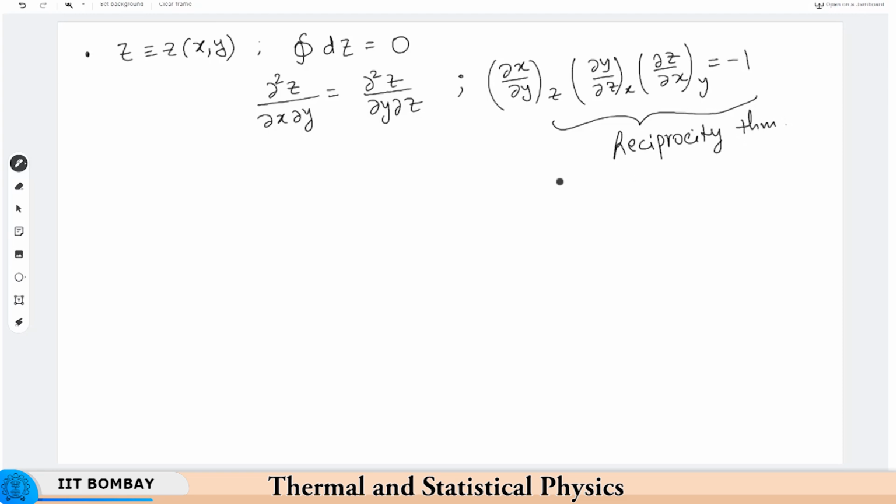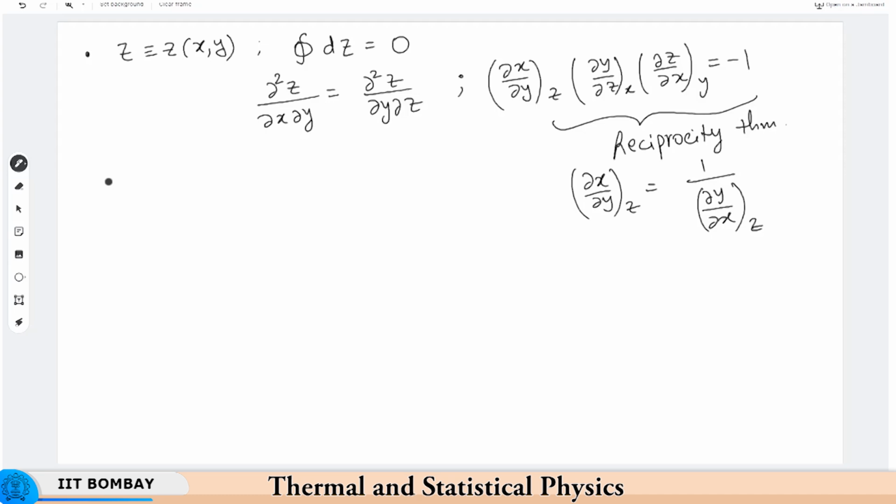We also derived the reciprocal theorem, which is del x by del y at constant z is basically the inverse of del y by del x at constant z, and this is true for all the derivatives.